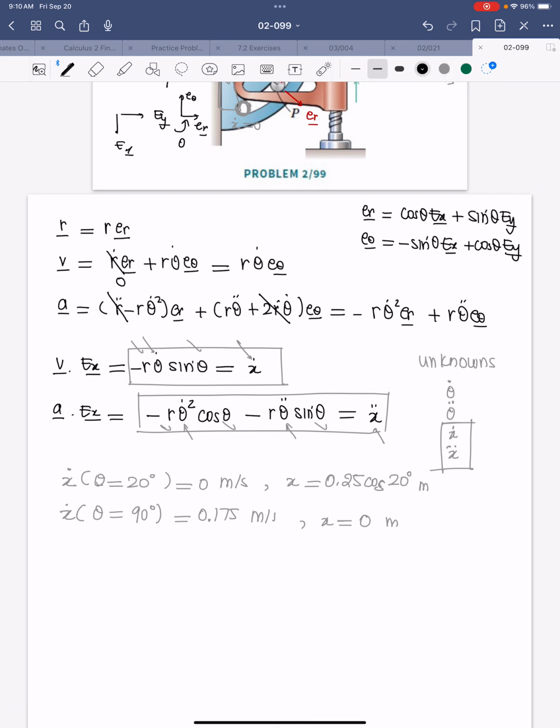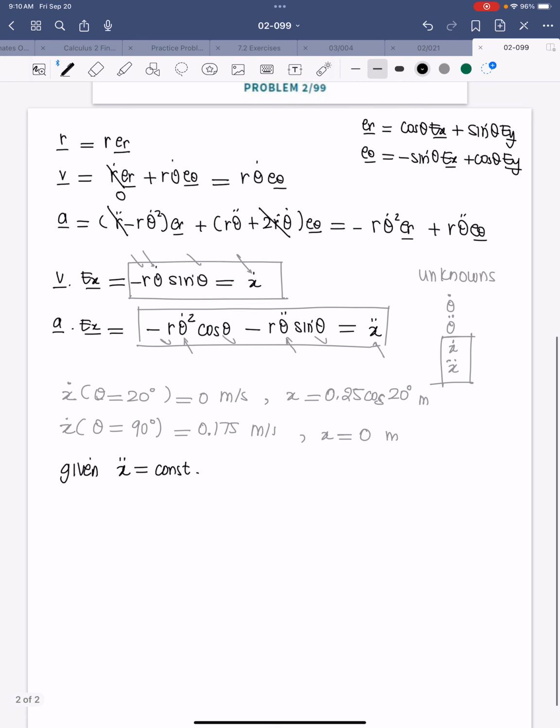So now I have the velocities at 2 points, and I know that x double dot is constant. Can I determine x double dot? Well, usually I would think that x double dot is dx dot by dt.